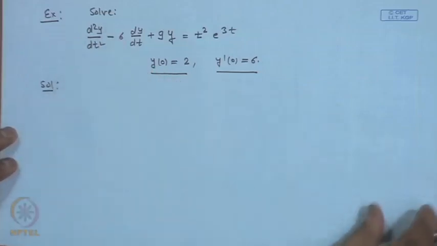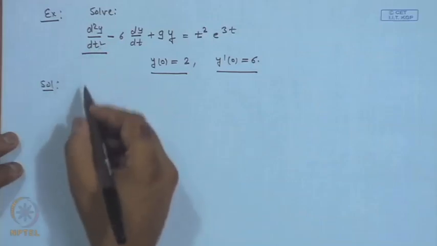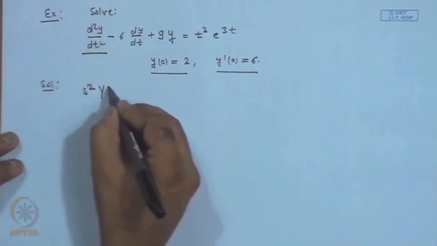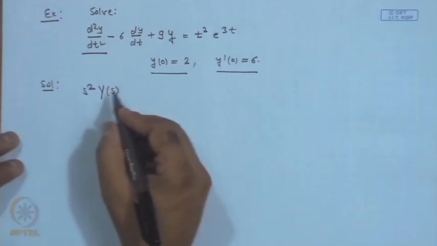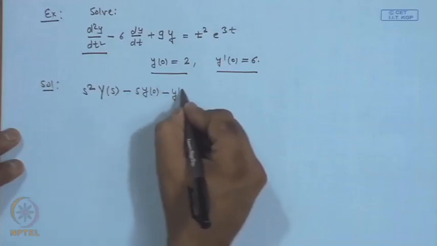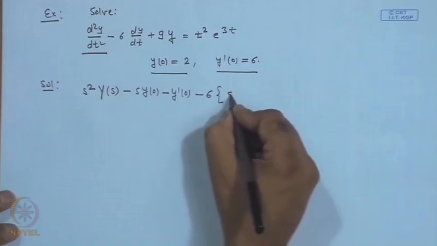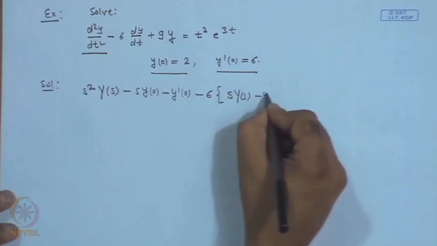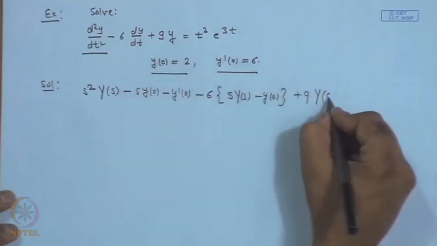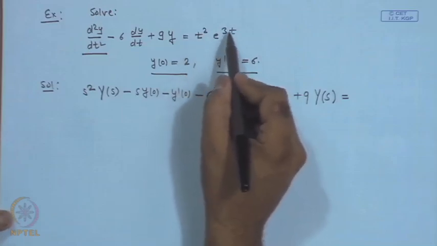So, our equation was much simplified after taking the Laplace transform. Here again we do the same steps. We take the Laplace transform of the first term d2y over dt square, and that is s square Y(s), where we denote the Laplace transform of y by big Y(s), minus s y(0) minus y prime 0, and minus 6 times, using the derivative theorem, s Y(s) minus y(0), and plus 9 Y(s), equal to the Laplace of t square e to the 3t.